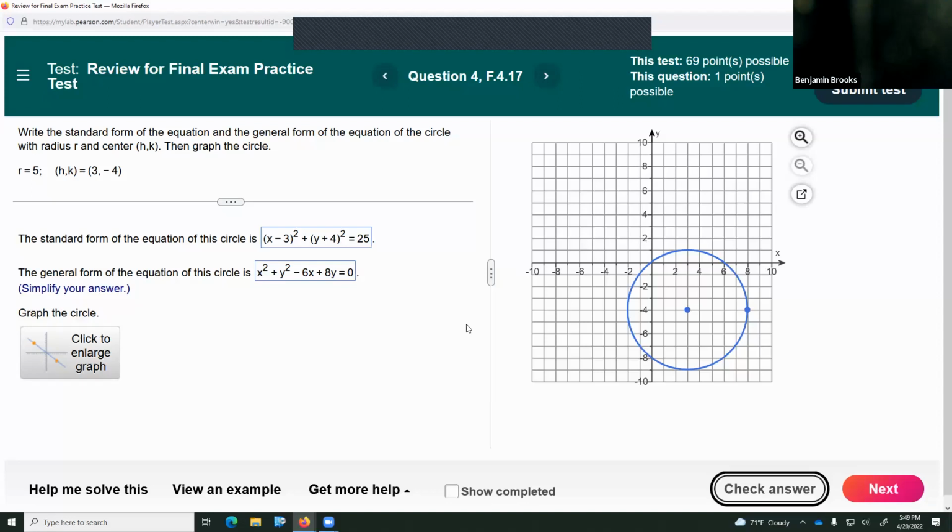Did I send an announcement saying bring your computers? I did. I want to make sure. Gotta check. Yeah, but if you didn't bring your computer, you can actually pull up MyMathLab on your phone if you have the Canvas app.